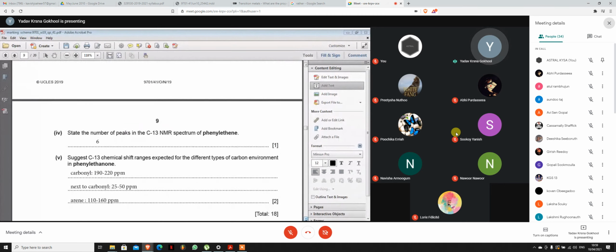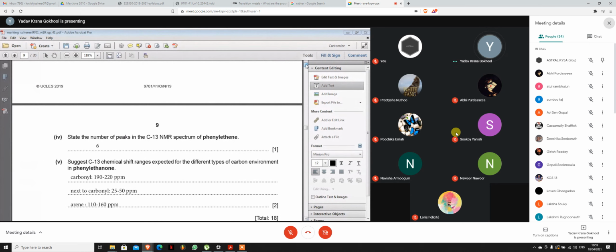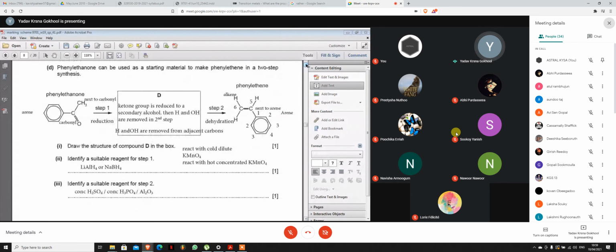Now, state the number of peaks in the C13 NMR of phenylethene. Okay, so we are going to move to phenylethene. So we have 6 carbons in benzene. All right, we have 6 carbons in benzene. If you have only benzene, listen carefully. If you have only benzene, then you are going to have one environment, because all the 6 carbons are going to give you one environment.